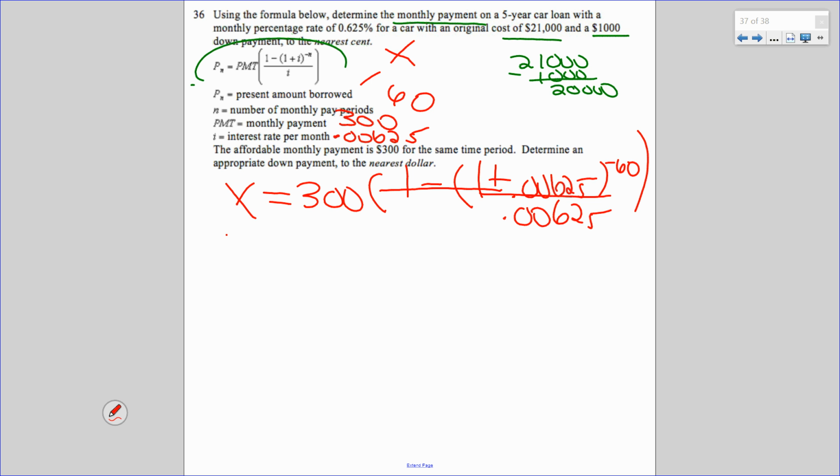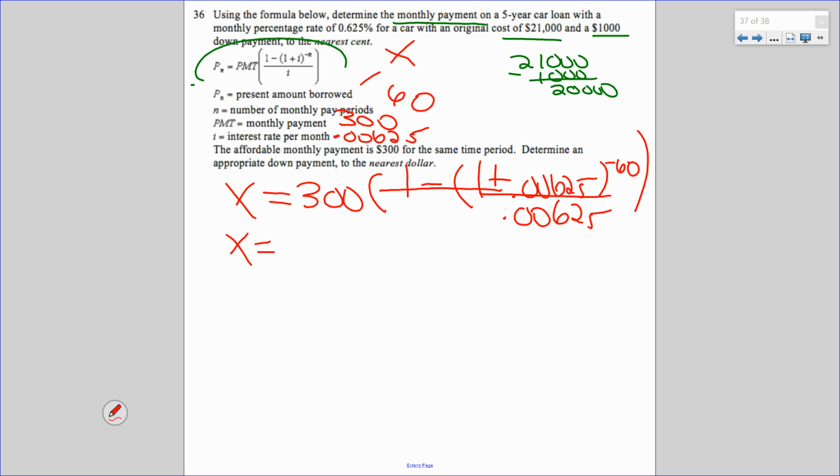So I can just put this whole thing into the calculator, and I do 300 times 1 minus parentheses 1 plus I to the power of negative 60 over, what's not I?